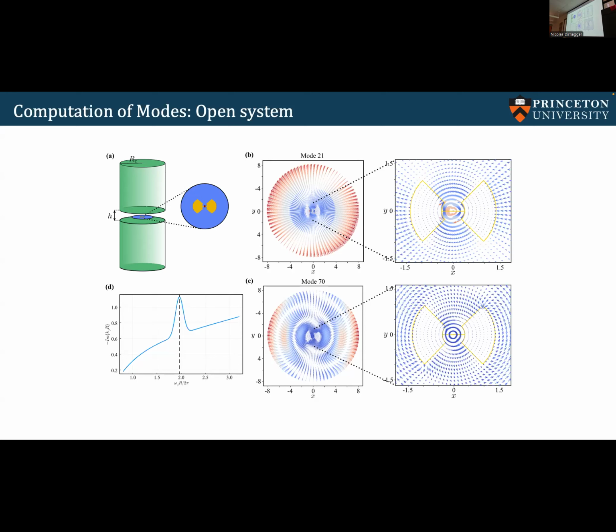This results in a finite but high radiative loss, as captured by this finite peak in the imaginary part of the eigenvalue that corresponds to that cavity mode.